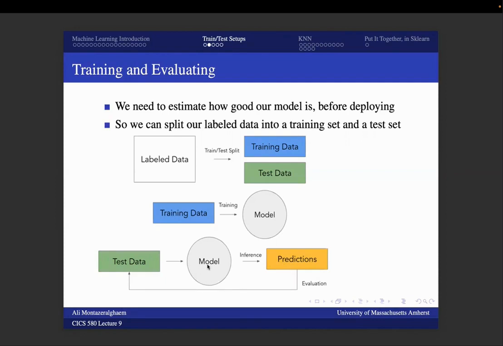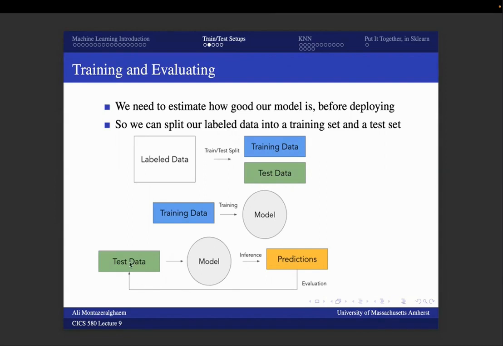But how can we evaluate the system based on the data that we have? We can split our labeled data into a training set and a test set, mostly randomly. Using the training data, we train the model. After that, we have our model and we want to evaluate the performance of the system.